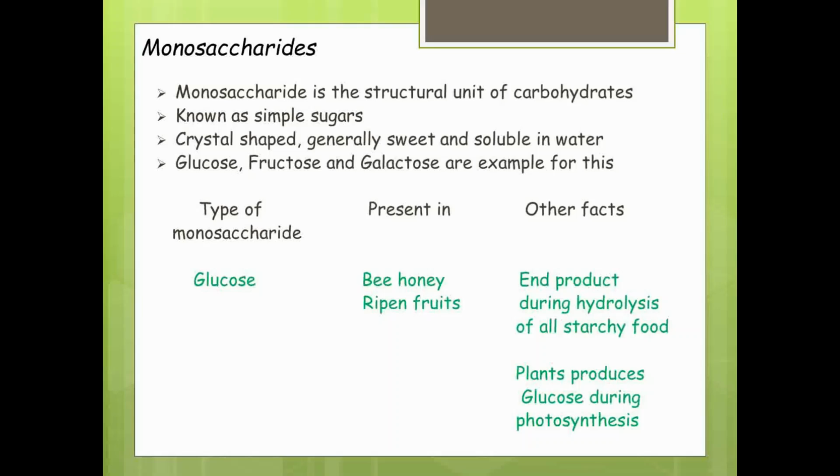Let's define those examples of monosaccharide. Now let's think about glucose. Glucose is present in bee honey and ripened fruits. We know ripened fruits are tasty and bee honey is so sweet.